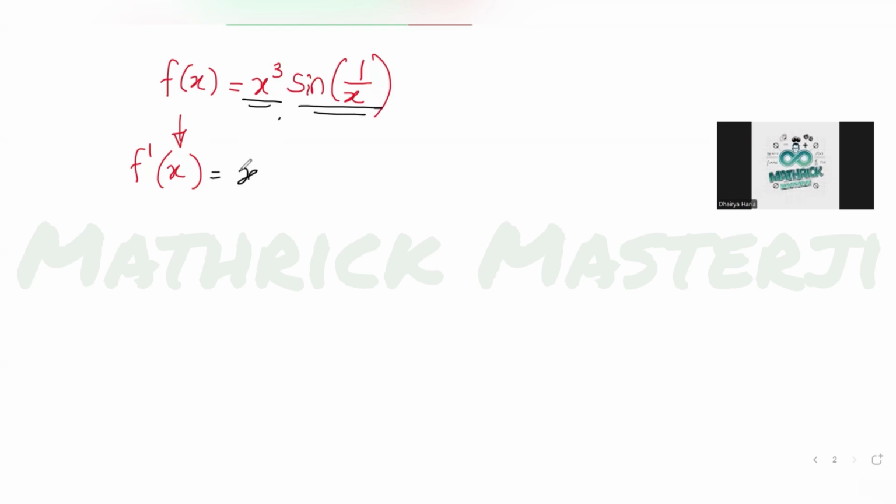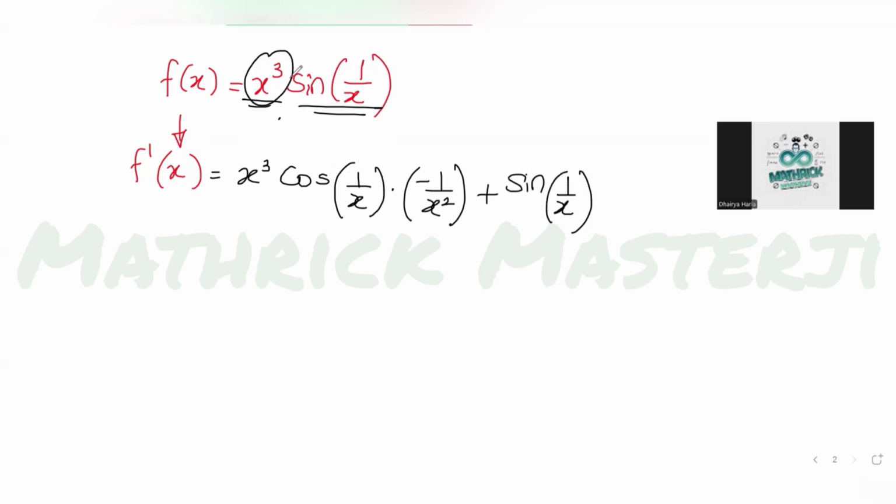So I can just do u into derivative of v, which is cos of 1 over x, into derivative of 1 over x, which is negative 1 over x squared, plus sine of 1 over x into derivative of x cube, which is 3x squared.